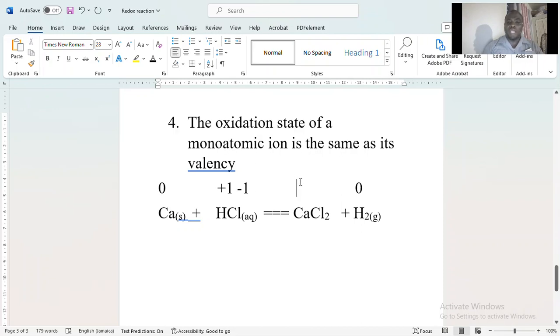So what would have been the oxidation number of the calcium right here? What is the oxidation number of the calcium? And we said that it's based on the valency. If you know the ion that the calcium becomes, if you know the group, you know the ion. If you know the atomic number, you know the electronic configuration, you can figure it out.